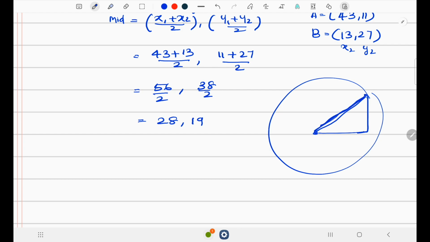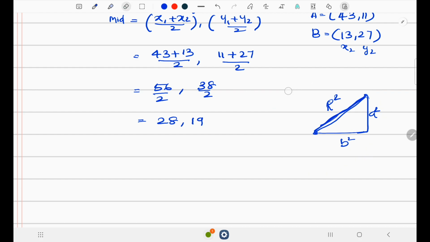How to find the radius? r square equals a square plus b square, based on the Pythagoras theorem. Already we know the Pythagoras theorem.